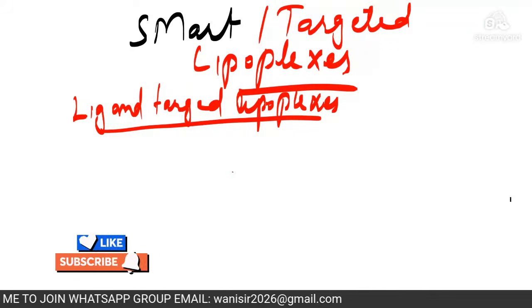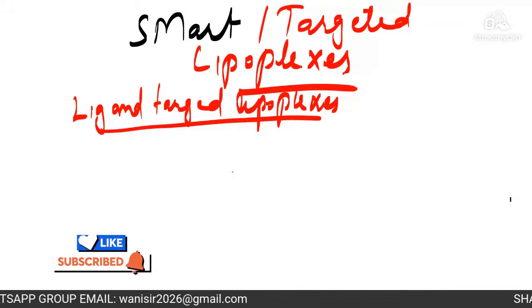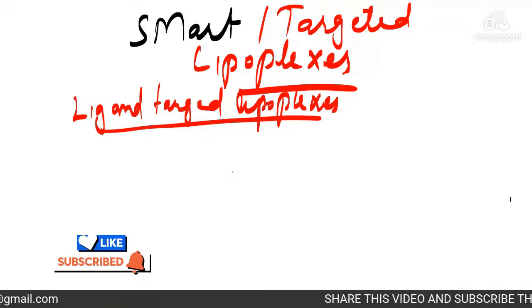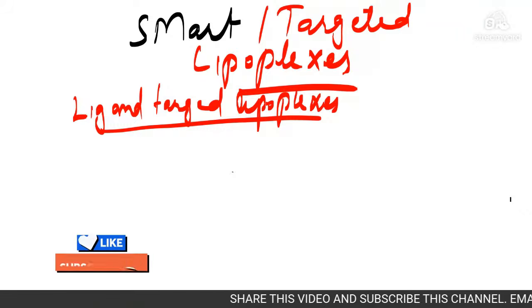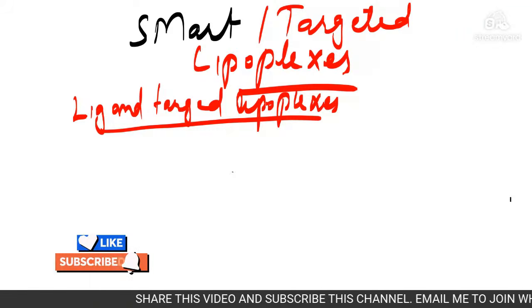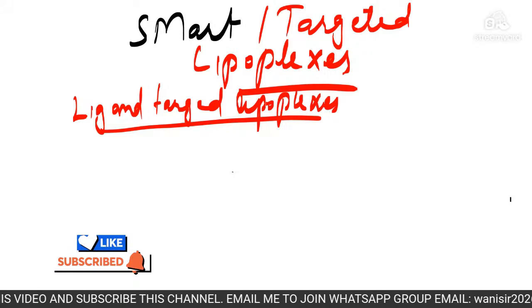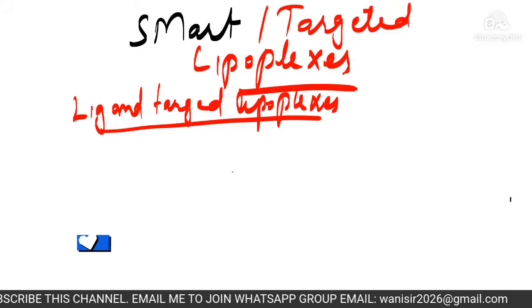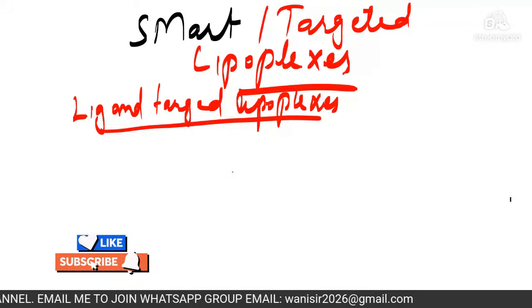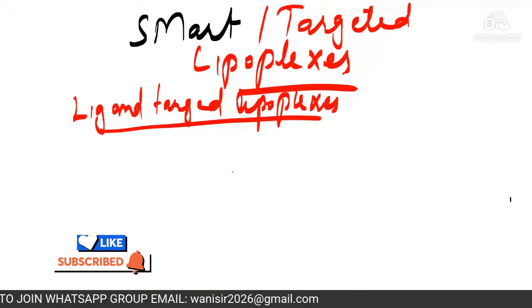Molecules like antibodies, peptides, or growth factors are attached to the liposome surface, and these ligands specifically bind to receptors on target cells such as cancer cells or immune cells. When circulation brings them closer to the right cell, then gene delivery becomes cell type specific.